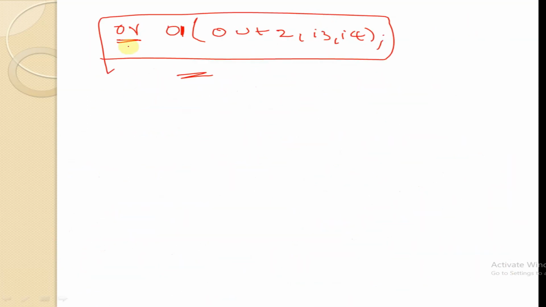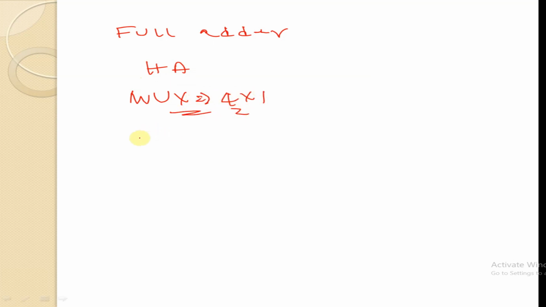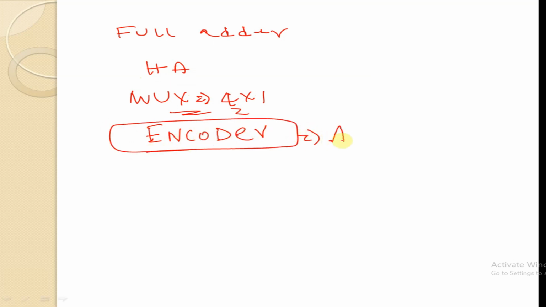In our next sessions, we will develop a full adder, half adder, and a multiplexer. We will develop a 4 cross 1 mux, and we can develop an encoder. Encoder is an assignment. Encoder and decoder are for assignments, and we have demux.